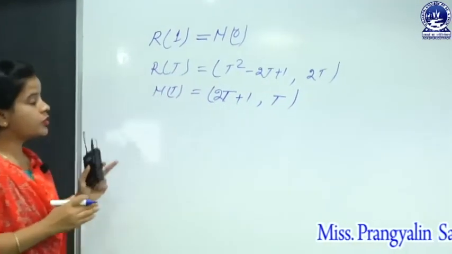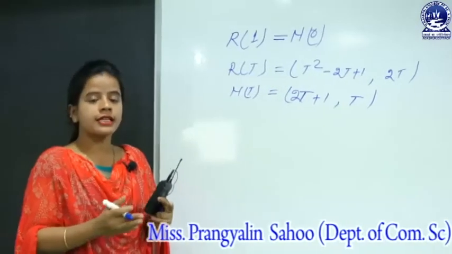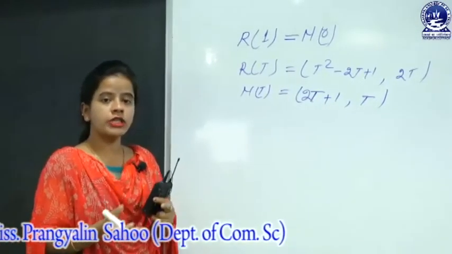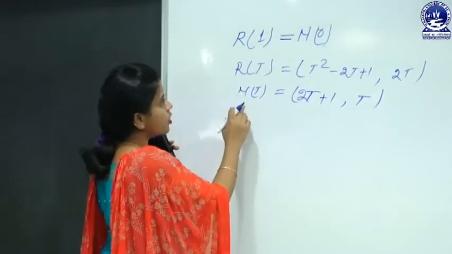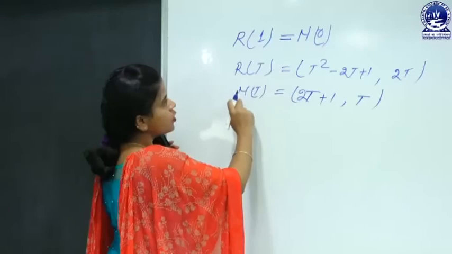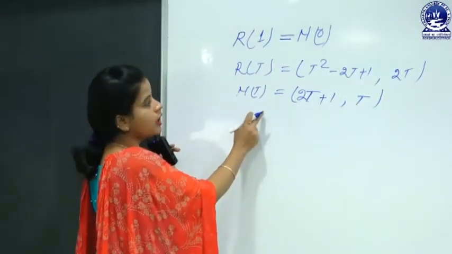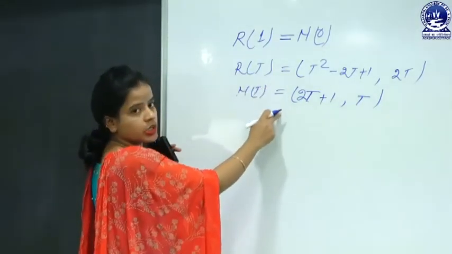Now we have to check whether the curve is continuous or not. First we have to find the r of 1 value and also the n of 0 value, the zeroth order equations.